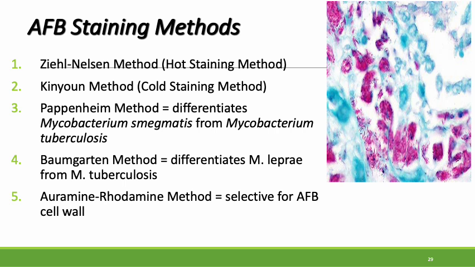Usually, acid-fast bacilli in Auramine-Rhodamine appear as reddish-yellow fluorescence against a dark background, a glowing reddish-yellow bacilli. In the Ziehl-Neelsen method, the bacilli are red against a blue background, while in the Kinyoun method, the bacilli are red, while the background can be blue or green.